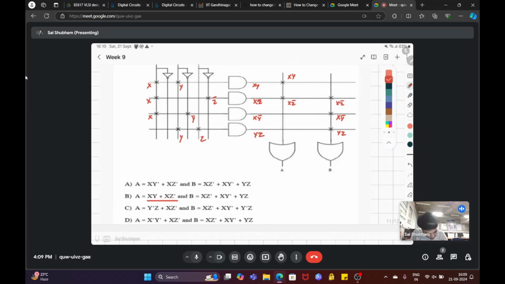D will be xz bar plus xy bar plus yz. So that is your option D.